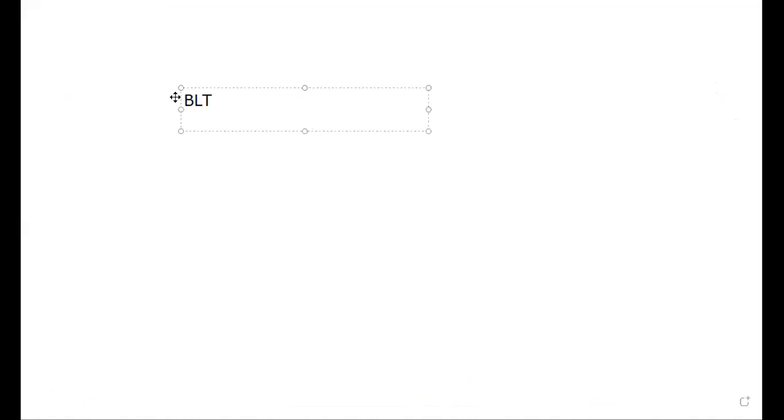Normally we call this a sandwich model. It's like bacon, lettuce, and tomato, because the point, and then the next is leads to, and the next, therefore.